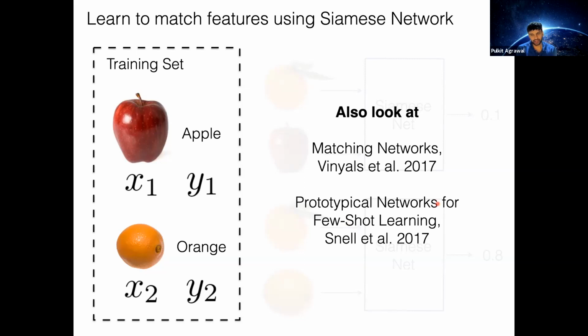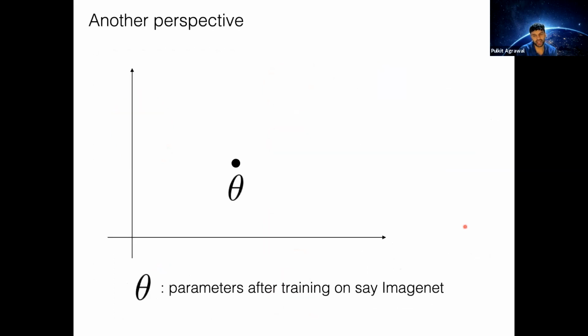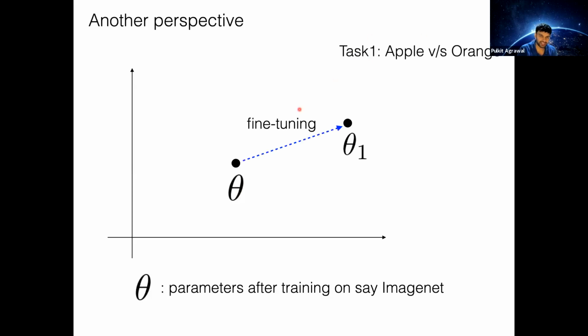Okay, so let's move on and consider another perspective. Essentially, in the fine-tuning world, what we were trying to do was change the parameters theta of some pre-training task to go towards a target task. So if I have my parameters theta, I get the first task, apples versus oranges, I do fine-tuning and go to theta 1.